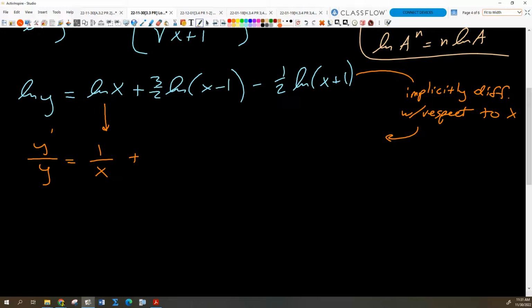Okay, Olivia, next term. What's this going to give us? What's the derivative of log x minus 1? Over x minus 1. And then we'll multiply by 3 halves. So we'll have 3 over 2 times the quantity x minus 1 when we multiply by the 3 halves. And then last one, what's that going to be?